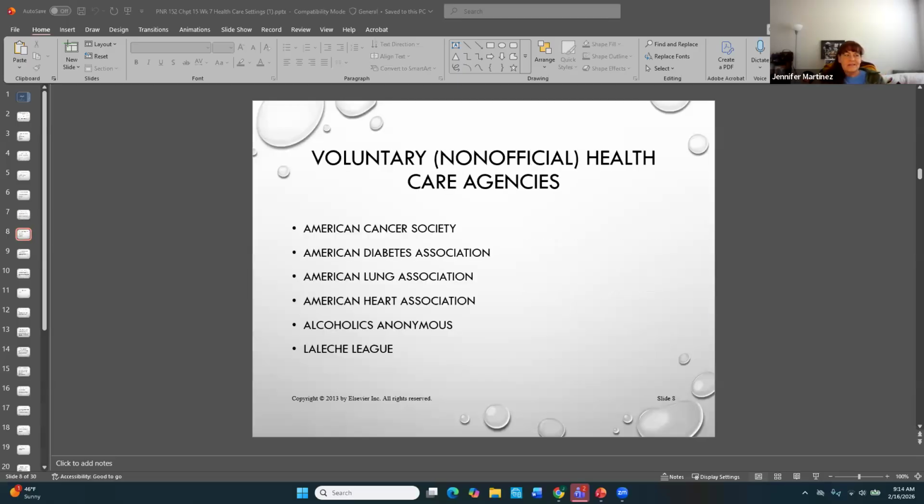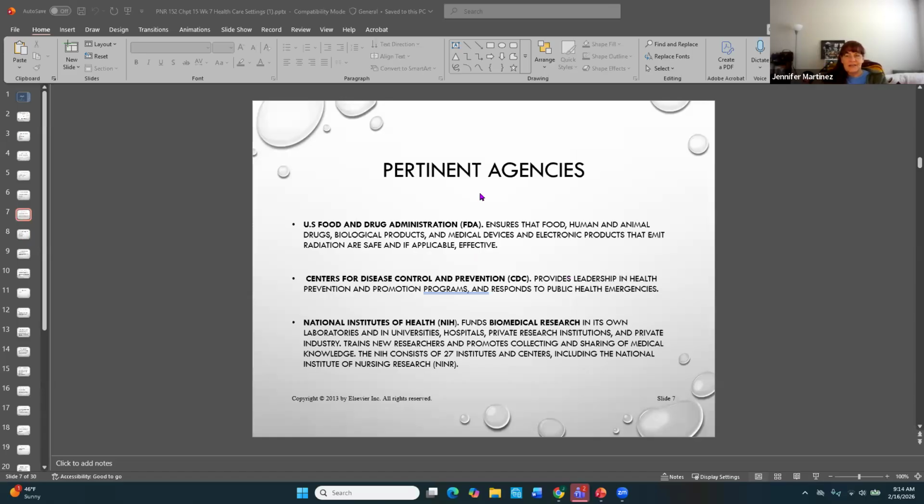There are other ones that fall under your agencies, things like the Agency for Healthcare Research and Quality, which is another big one. The Centers for Medicare and Medicaid Services would also fall under there.